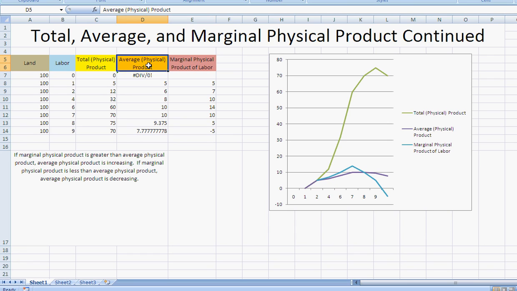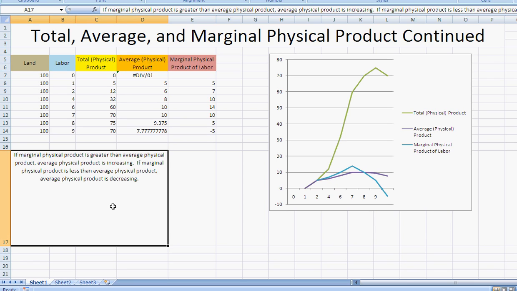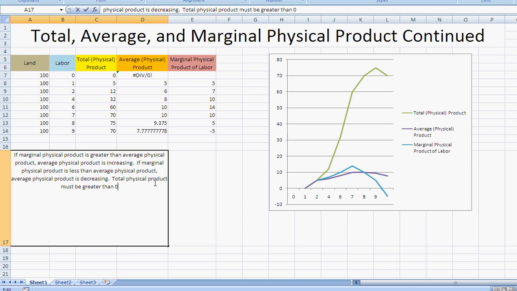So the next thing that I want to say is that total physical product, and I guess I'll just keep on writing in this box, must be greater than 0 because you can't make negative of something.